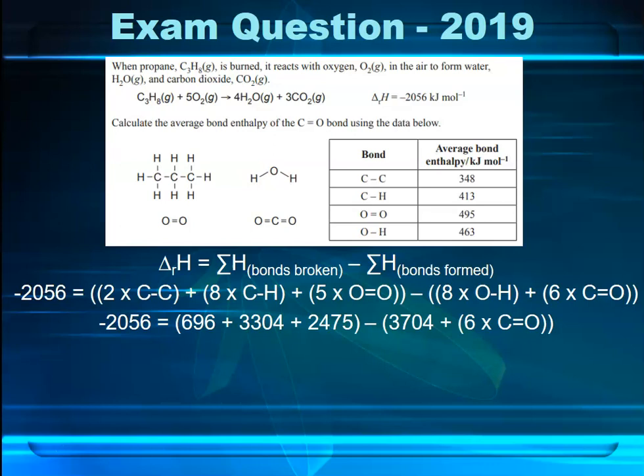And I'm not going to do that bit by bit because I'm sure you've got a calculator of your own. But do be careful. And like I say, I really recommend doing it bit by bit. Now the next step is I'm going to take the last term, 3704 plus 6 carbon-oxygen double bonds, and I'm going to add that entire term onto the other side.